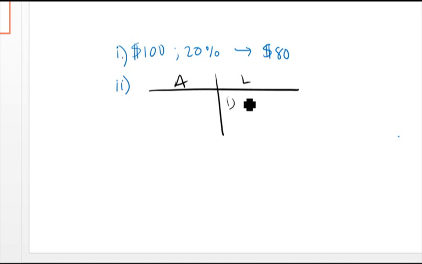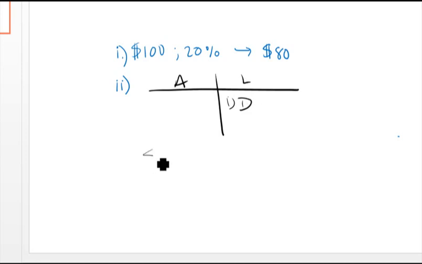In the liabilities, we have demand deposits, and demand deposits are all the things that regular people are depositing in the bank. So if she deposits $100, how is that going to expand the demand deposits in the banking system?